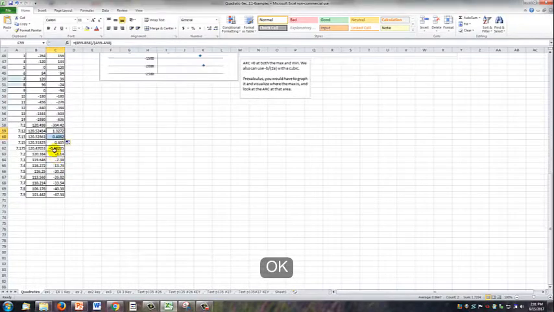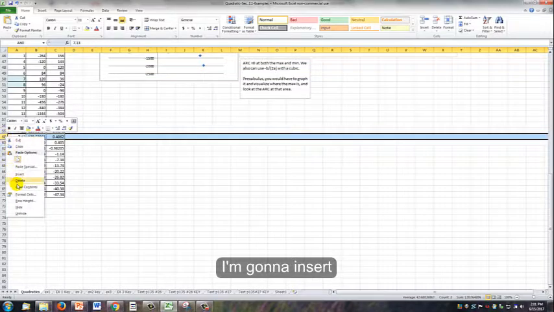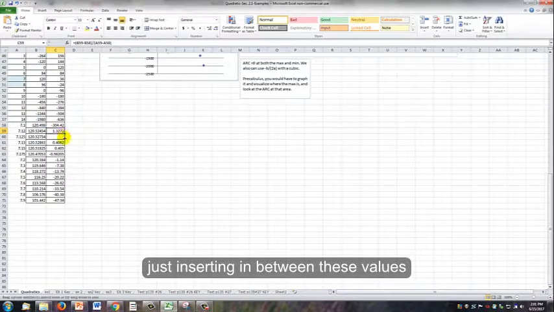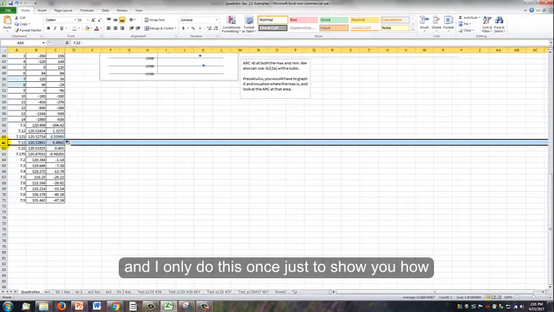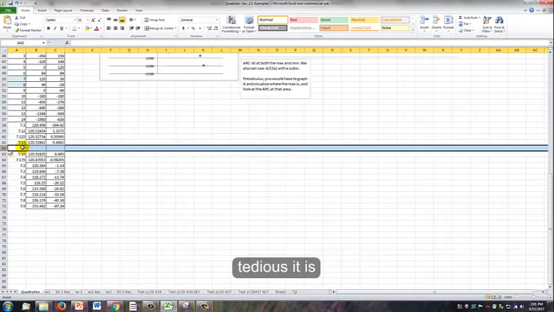Okay. Now these two are really close together. I'm going to insert. Just inserting in between these values, and I only do this once just to show you how tedious it is.